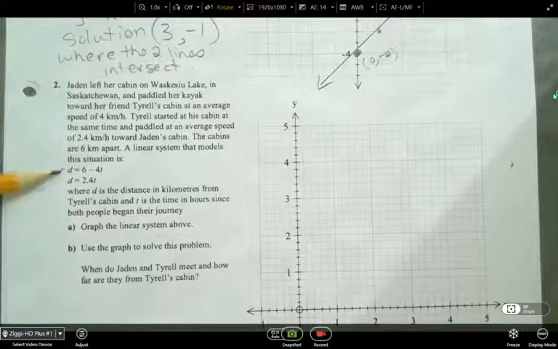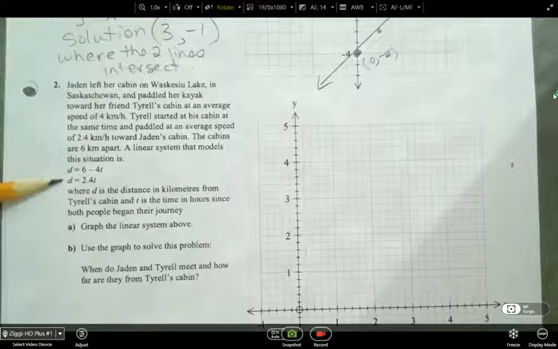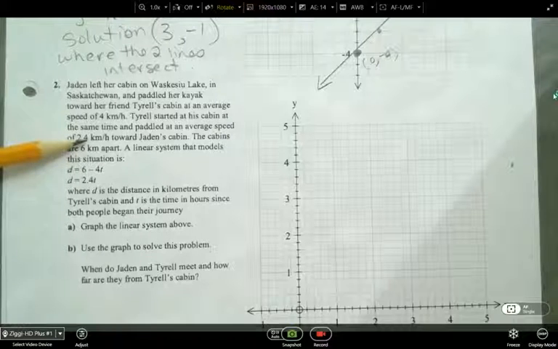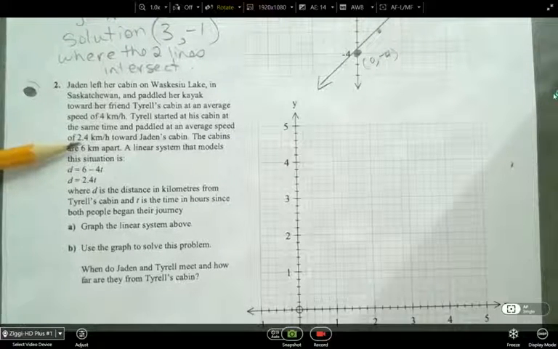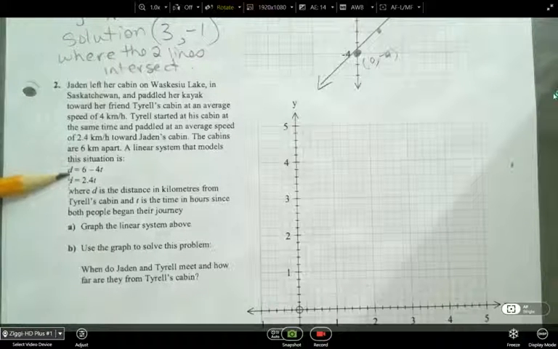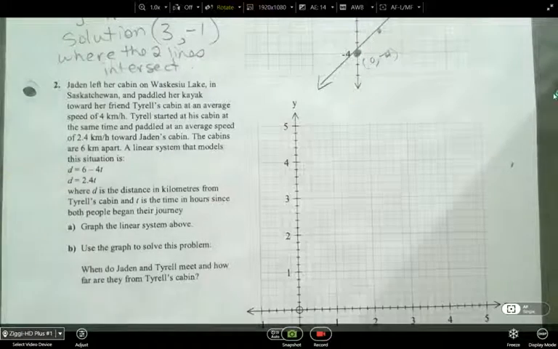Which equation do you think is related to Tyrell's cabin and his speed? The first one, because Tyrell's going 4 kilometers an hour. And how about the one involving going towards Jaden's cabin? This is the speed that's associated with going towards Jaden's cabin. Now we have to graph these two lines on this grid.